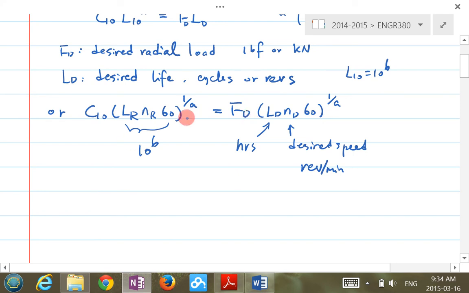But you also need to bear in mind, if you remember, this is L10, so this is basically 90% reliability.